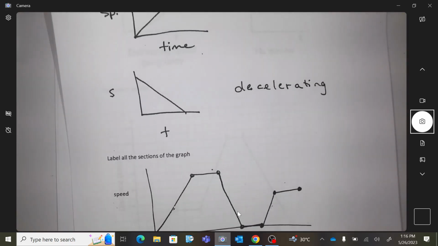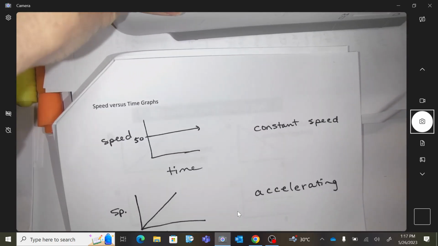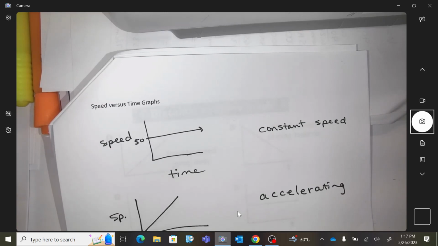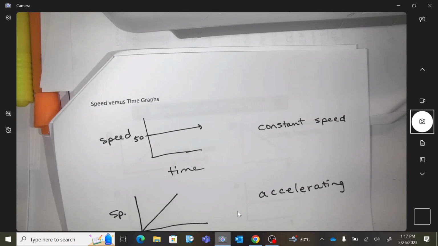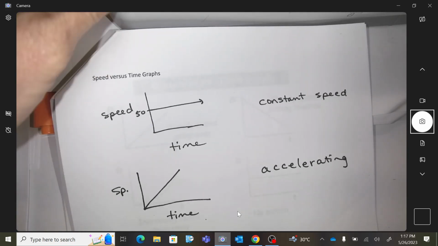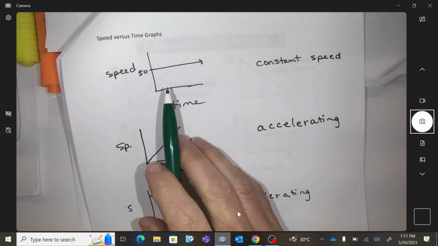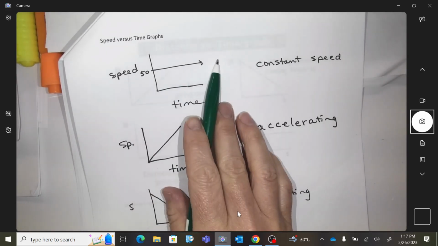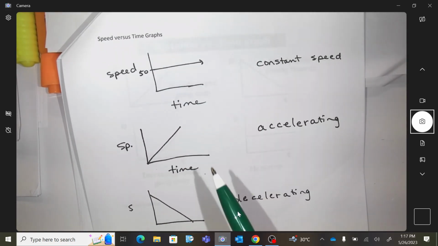Okay, then we're going to analyze some graphs. Some of you, have you done this in physics? Time, distance charts and things like that? Okay, so this is speed versus time. If the speed line is flat, it just means you're going a constant speed.